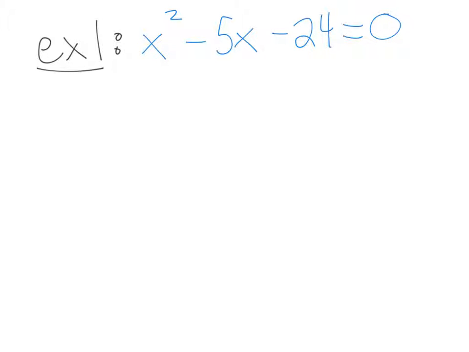So my step 1, before I even write out my skeleton equation, off on the side I want us to label what our a, b, and c values are. So a again is the number in front of my x squared, b is my number in front of the x, and c is the number by itself.